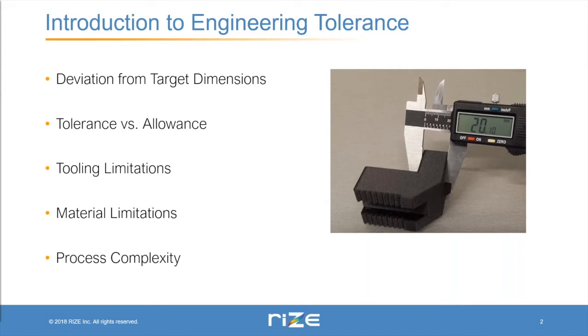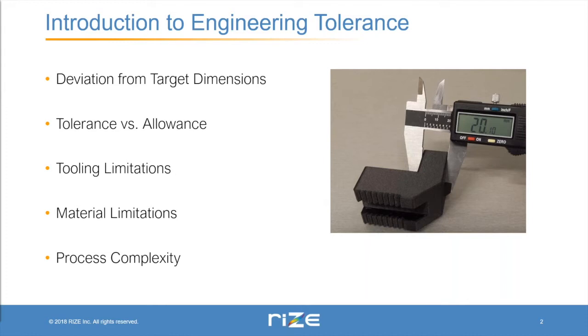It could also be the result of material limitations, whether that is because the material is composed of units that can't produce a certain shape with a certain precision. It could also be because certain materials are prone to warpage due to various factors. And it could also be the result of limitations in the manufacturing process.